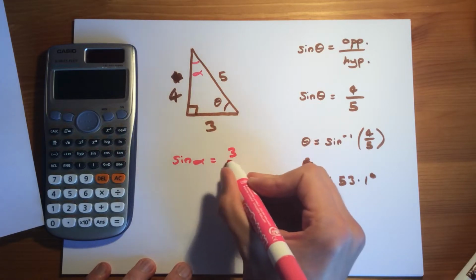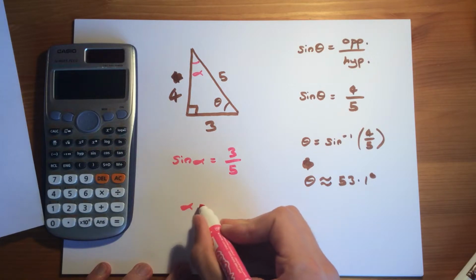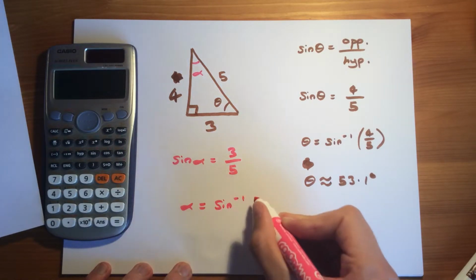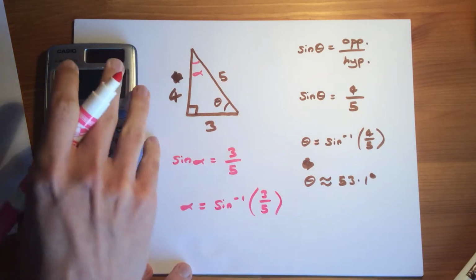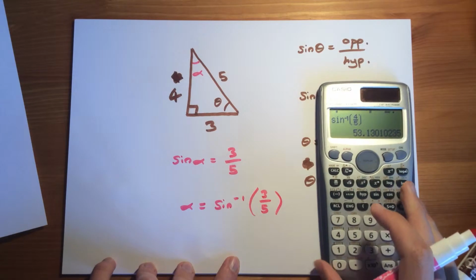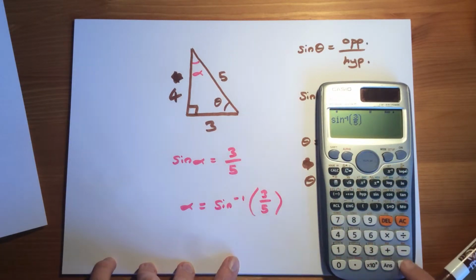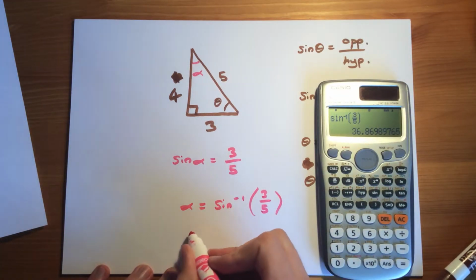So in this case, 3/5. And again, applying the inverse, we can say that alpha is equal to sine to the -1 of 3/5. So using our calculator, we see that that comes out as 36.9 approximately.